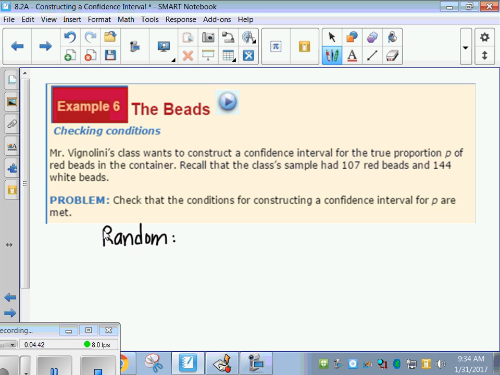Well, we took a random sample of 251 beads, so we know we did a random sample, right? We didn't just pull out the red beads. We mixed it all up, and we dug in there and grabbed 251 beads. So, is it random?